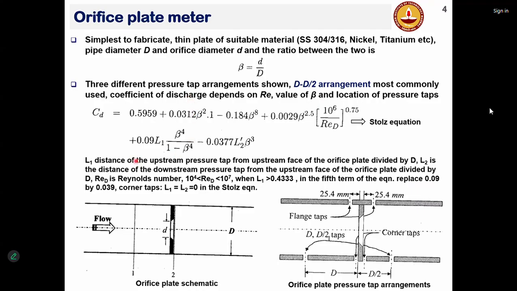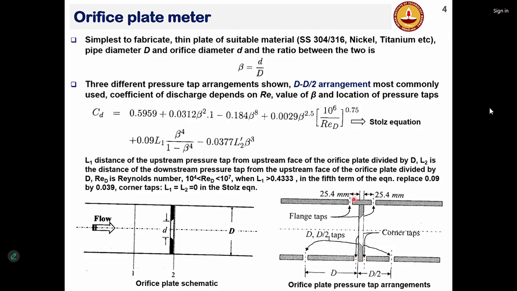For example, here, beta is d/D, and Reynolds number based on the diameter is here. In addition, you have parameters L1 and L2. L1 is basically the distance of the upstream pressure tap from the upstream face of the orifice plate, divided by D. That means if you take a corner tap, then L1 will be 0.